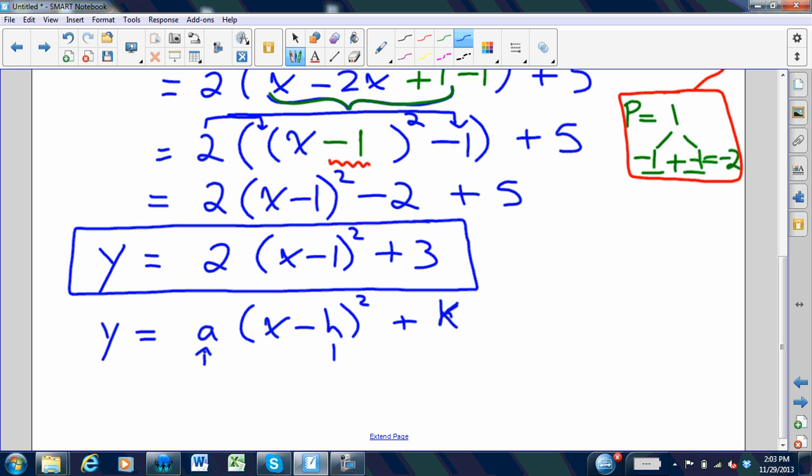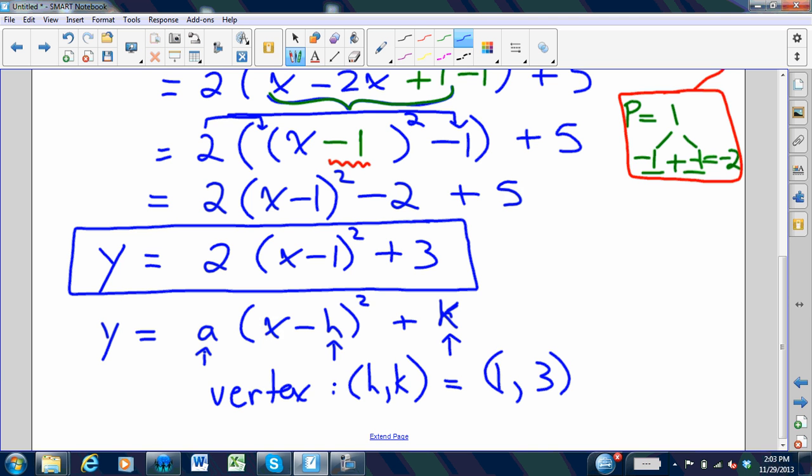The h controls whether the vertex has moved left or right, and the k controls whether the vertex has moved up or down. So my vertex in this case, which is what I was looking for right at the beginning, is the value of h and k, which would be 1 and 3. And that's how you complete the square.